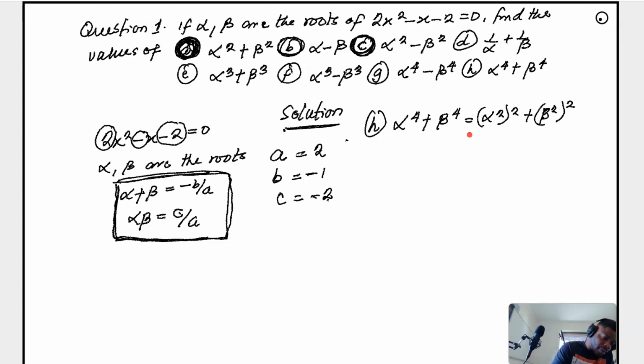Okay, so now remember that for our A, alpha squared plus beta squared is almost saying our alpha here is alpha squared, our beta here is beta squared. So let's recall that alpha squared plus beta squared, we got alpha plus beta all squared minus 2 alpha beta.